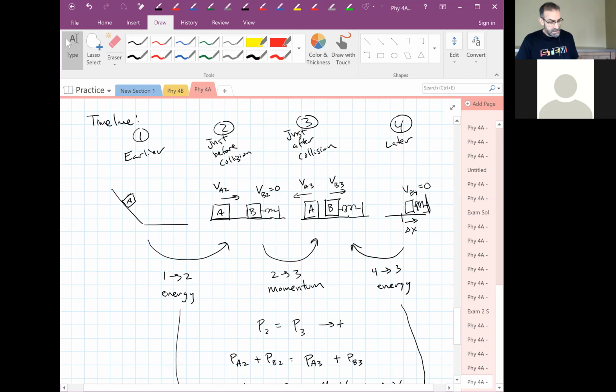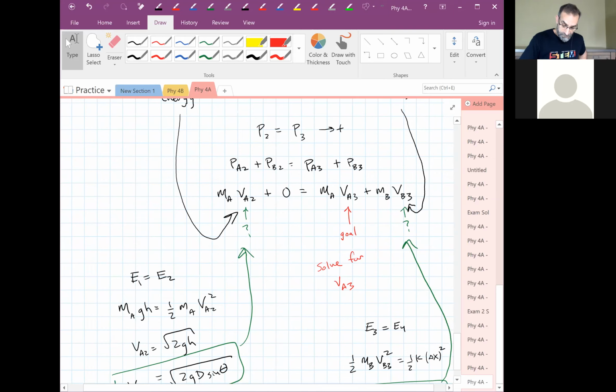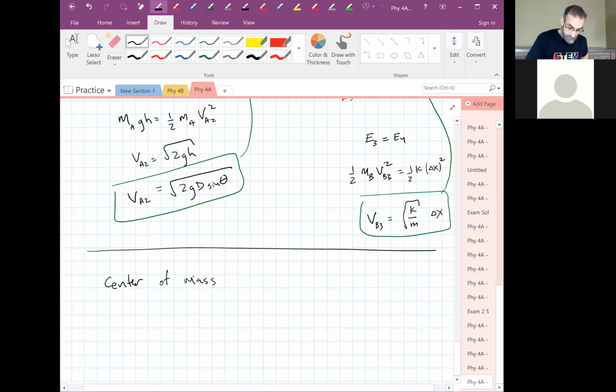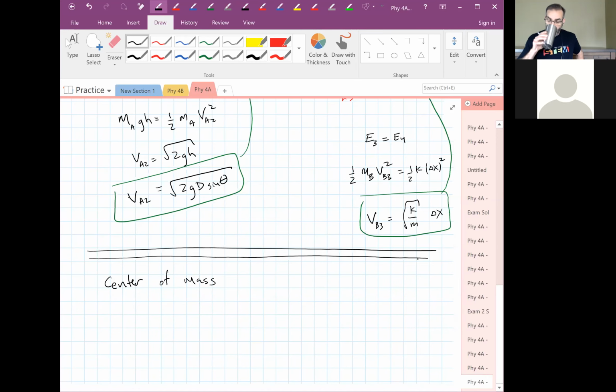Let's do some center of mass. Get a jump on center of mass. We'll start with a simple system, just some point masses.